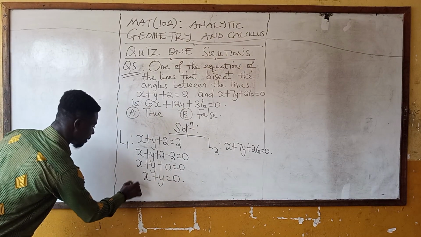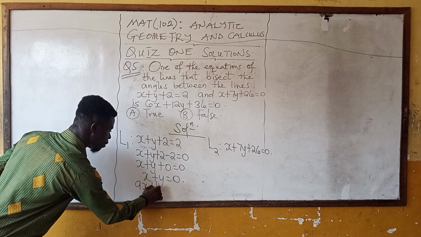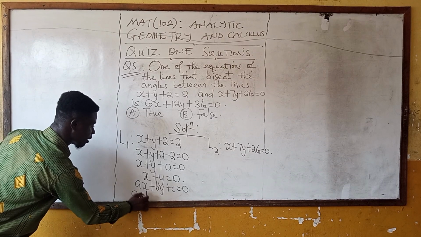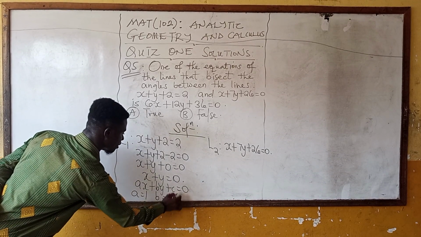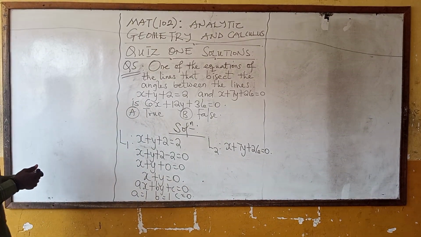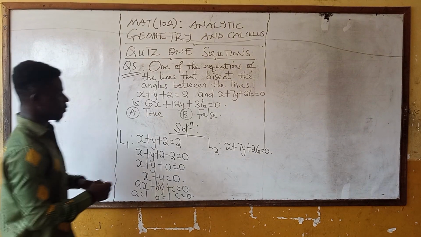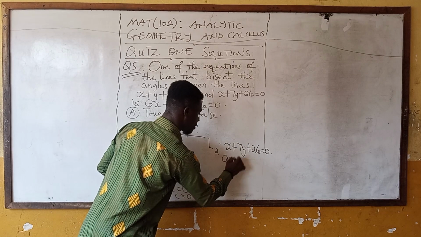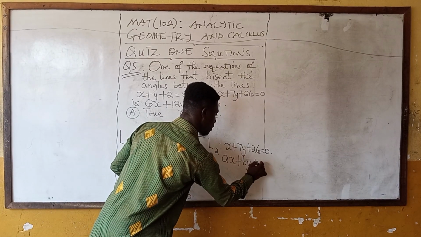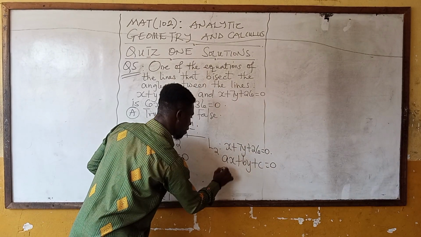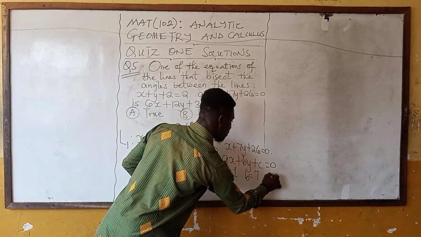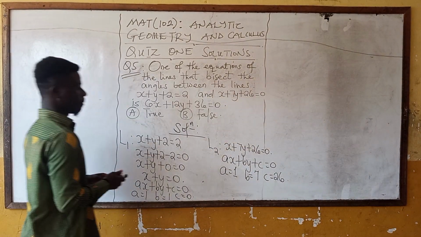So comparing with ax plus by plus c equals 0, a equals 1, b equals 1, c equals 0. Now L2 is rearranged already: a equals 1, b equals 7, c equals 26.